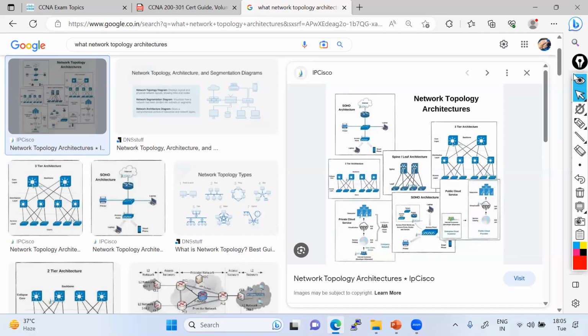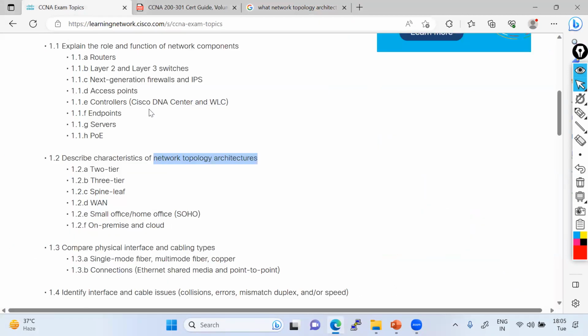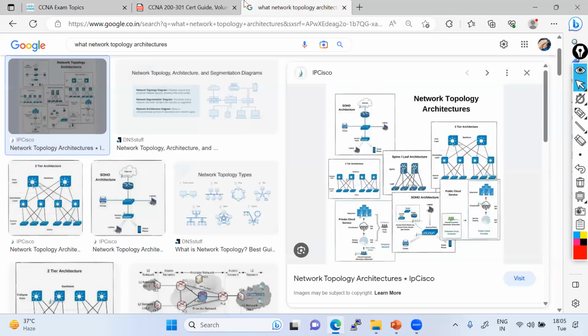If someone asks what a network topology is, explain that it is the interconnection between the devices through cables, and we represent that connection with diagrams. That's known as the network topology.